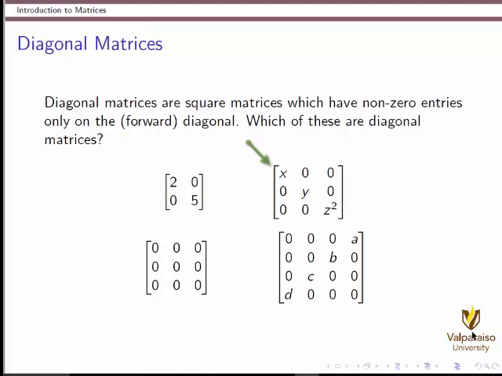The matrix in the upper right has 3 variable expressions down the main diagonal. Zeros everywhere else. That's great. The lower left matrix has zeros off of the diagonal everywhere. That's great. It happens to have zeros on the diagonal too. That's fine, but it's still a diagonal matrix. The fourth one is not a diagonal matrix. It does have zeros all the way down the main diagonal, but it has some non-zero entries off the diagonal, and that spoils it.